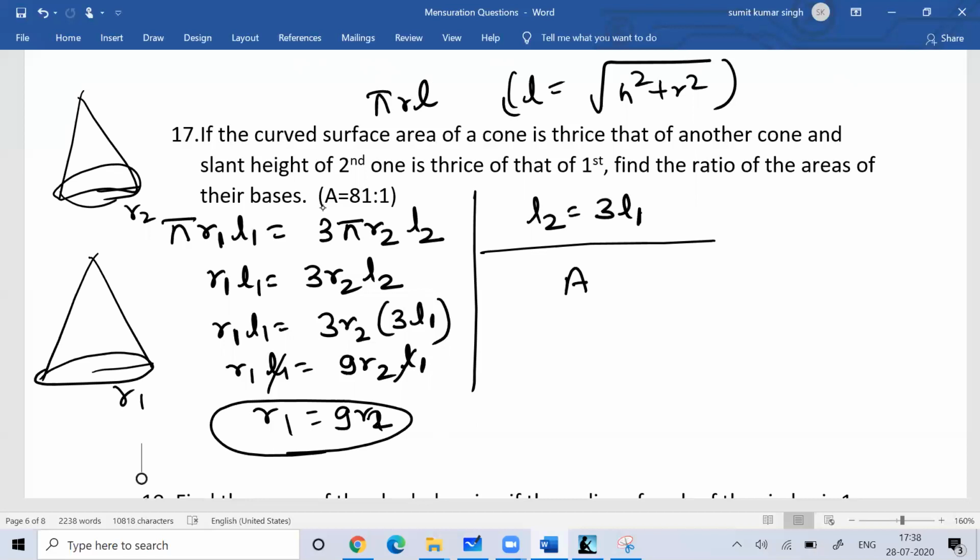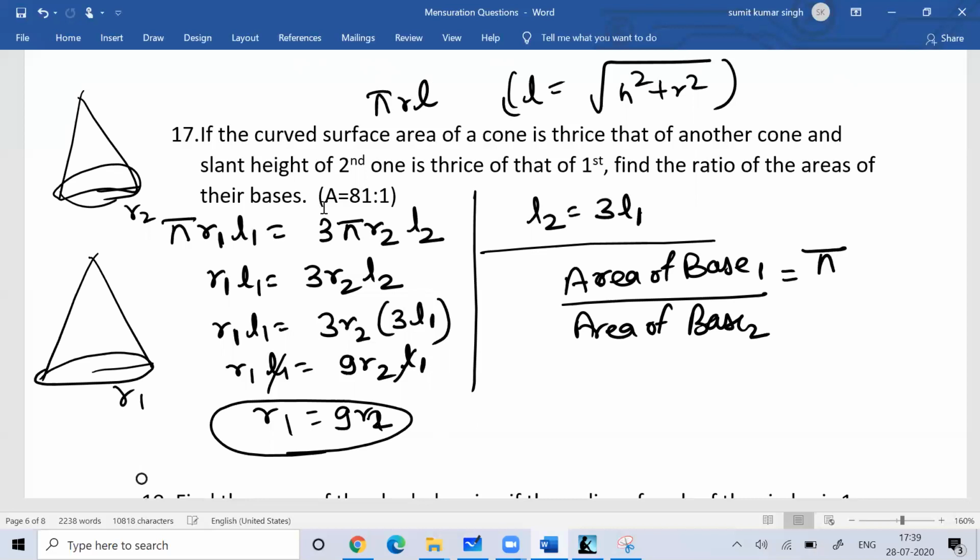So the area of base of the first cone divided by the area of base of the second cone is pi r1 square divided by pi r2 square.